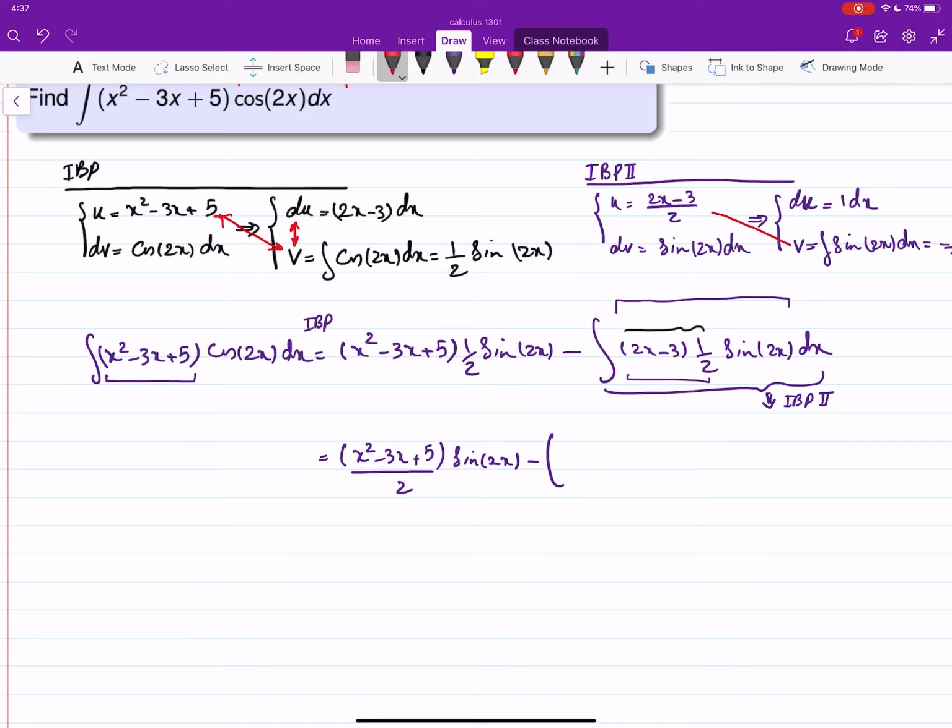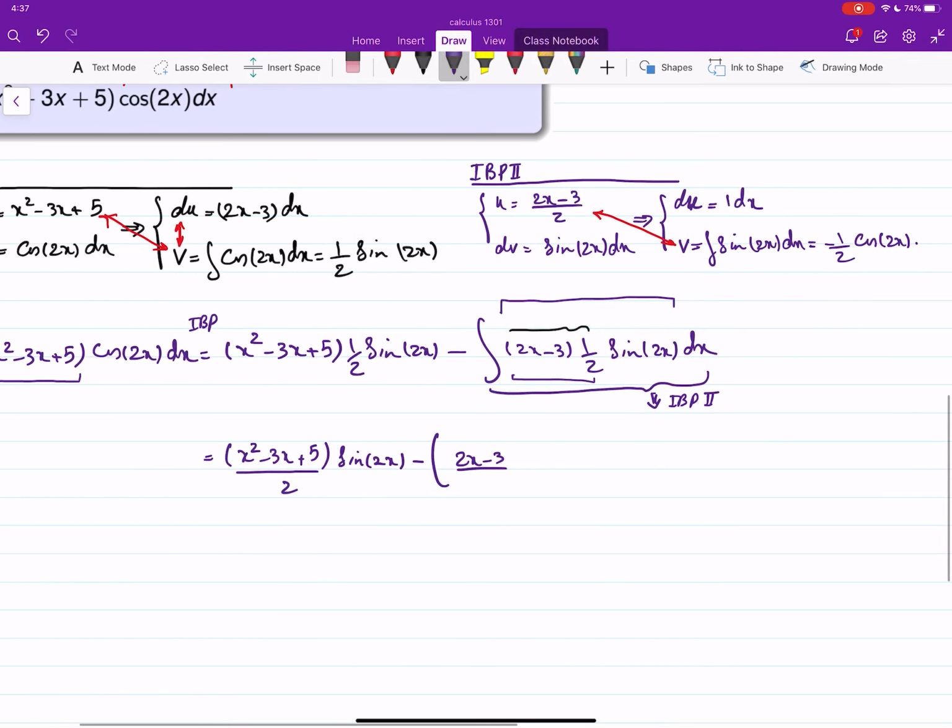Remember these steps, u dv, which is 2x minus 3 over, okay, there's another minus sign there, over 4 cosine of 2x, minus the integral of v du, which is negative half of cosine 2x dx.